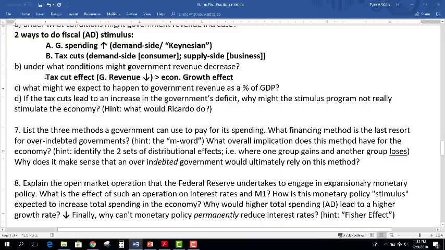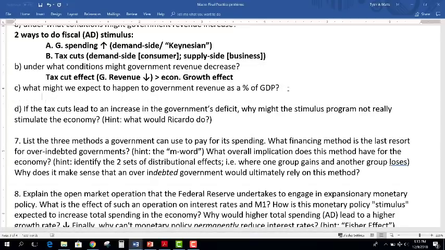So the raw reduction in tax rates has a bigger effect than the possibly higher growth rate that you get because of this. Now it's possible that eventually government revenue could go up because economic growth goes up. And even though you have a lower tax rate, you have a larger tax base, so the government collects more revenue. We're not going to get into the details of that. We'll try to keep this kind of simple. So what might we expect to happen to government revenue as a percent of GDP? Government revenue will most likely go down.